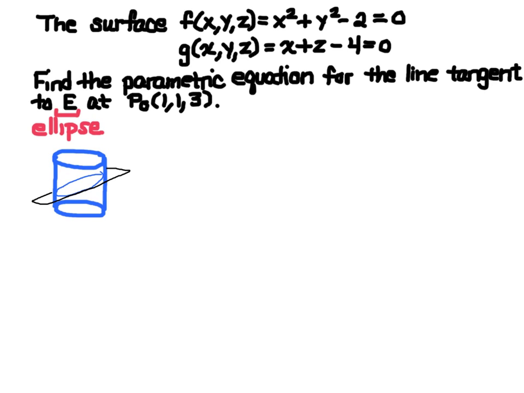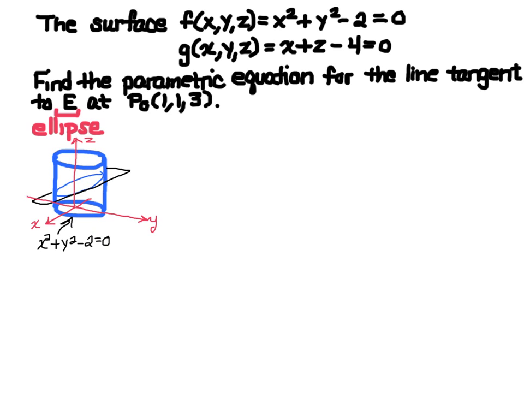I've drawn a picture here where this is our ellipse, and what we have here is this cylinder is formed by the x squared plus y squared minus 2 equals 0. And here I've drawn in our x-axis, our y-axis, and our z-axis.